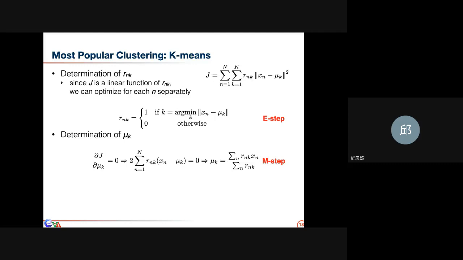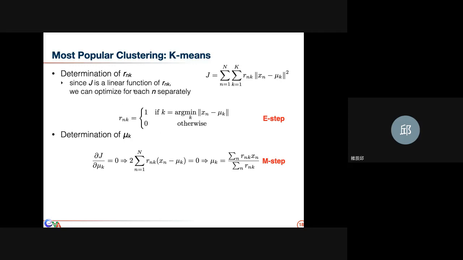If you try to compute the optimal solution with respect to r_nk while keeping the mu k fixed, then the optimal solution for r_nk can be written in this way.